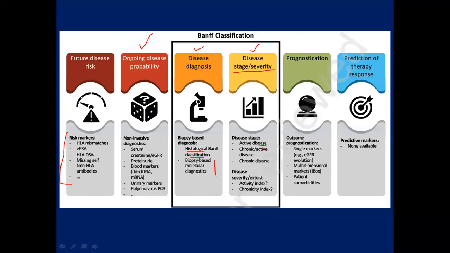So kidney biopsy first helps in diagnosing what type of rejection it is, whether T cell mediated or antibody mediated rejection. The second utility is that it assesses the activity as well as the chronicity of rejection.